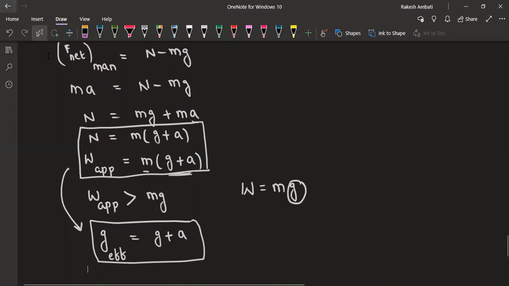Yes, sir. Okay. Now the same question I'm going to do by using the non-inertial frame. So remember this equation: effective gravity value is g plus a.